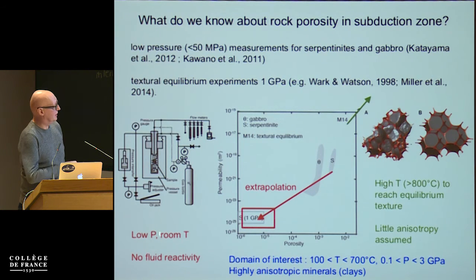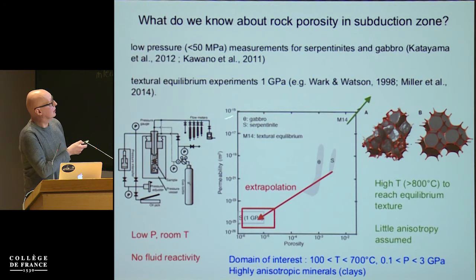This is done at room temperature, so there is no fluid reactivity as we could expect in a subduction zone. Then you use some systematic relationship between porosity and permeability to make an extrapolation to 1 gigapascal, which would be 30 kilometers depth, and you find that everything is basically impermeable.